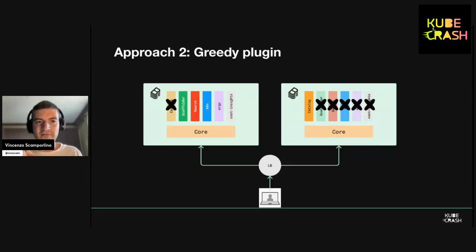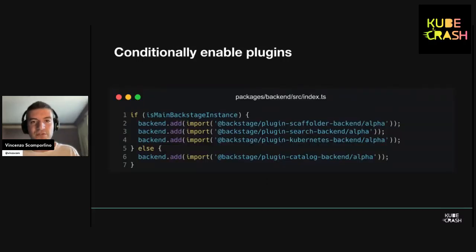Here, I have the catalog plugin moved out from the main instance, and the catalog now won't affect the other plugins. And you can scale the catalog plugin in a different way. You can give it more memory or scale it differently. So this is another approach that you can use. How can you achieve this? You can do this by conditionally enabling plugins.